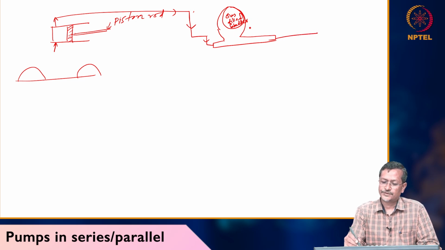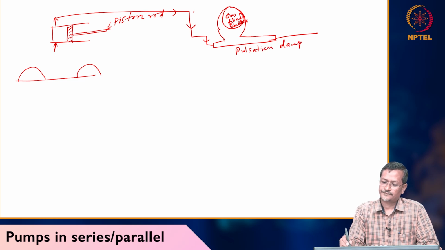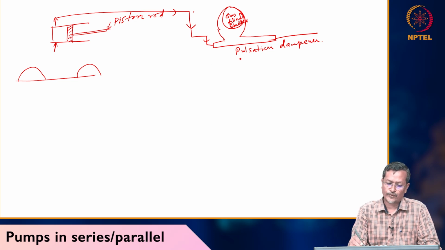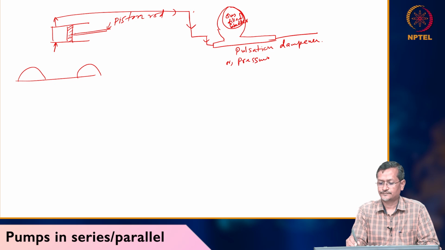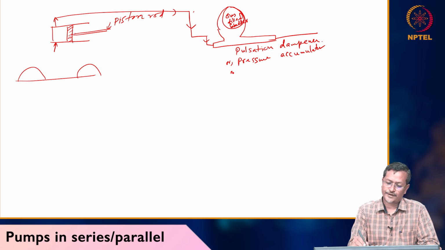This is called a pulsation dampener, or they say pulsation accumulator, pressure accumulator, or hydraulic accumulator.